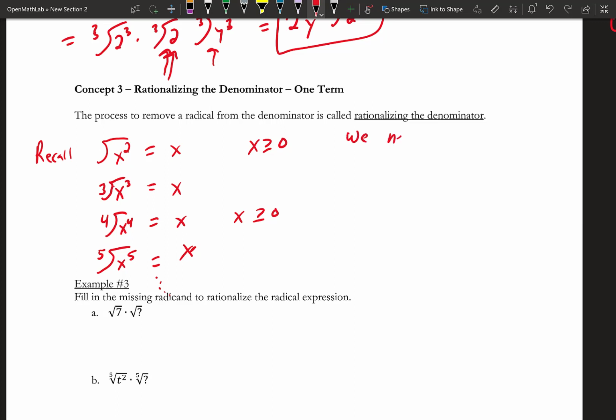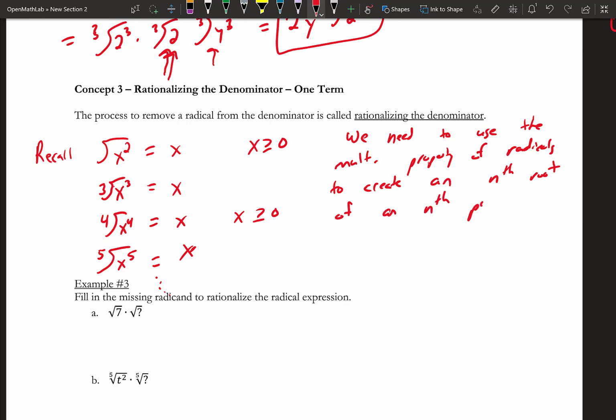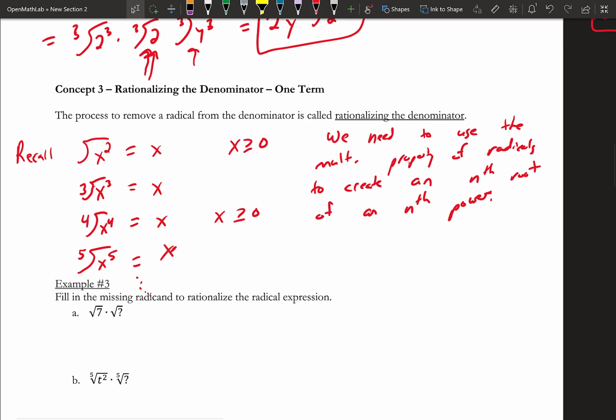We need to use the multiplication property of radicals to create an nth root of an nth power. So we want to try to create this scenario, right?